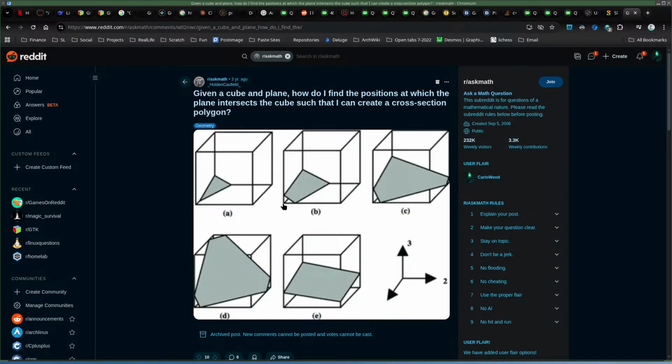Let's say this is the origin here, and this is the x-axis, this is the y-axis, and this is the z. Then we order the axes as first x, then y, and then z.